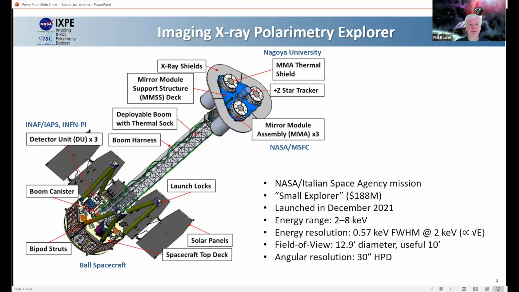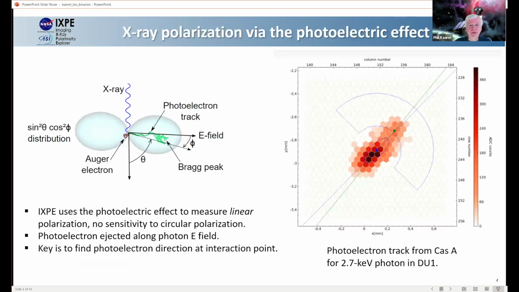It's 30 arc seconds. And so the way IXPE actually works is to measure X-ray polarization via the photoelectric effect. So the idea is we have these detectors, again, built by the Italians, that are filled with gas. It's actually dimethyl ether. And so an X-ray comes in and interacts with one of the molecules in the dimethyl ether.